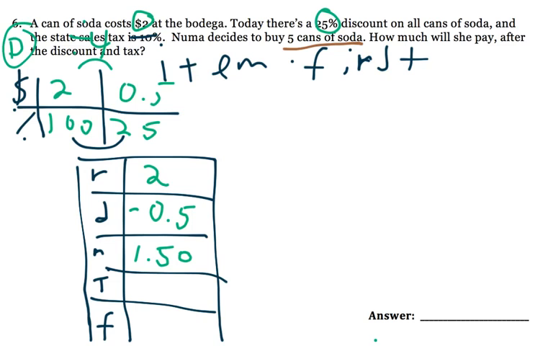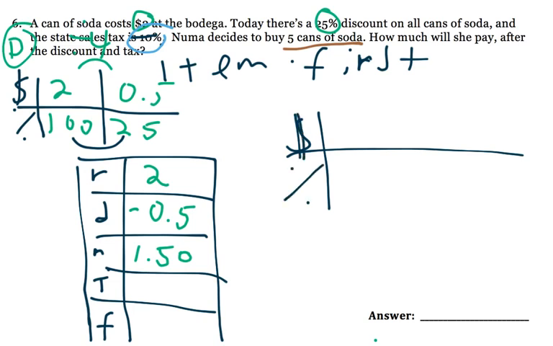So the problem says that the tax involves 10%. So we need to figure out 10% of 1.5. So we can make a new ratio table starting at 1.5 at 100%, and then we can again go down to 10.